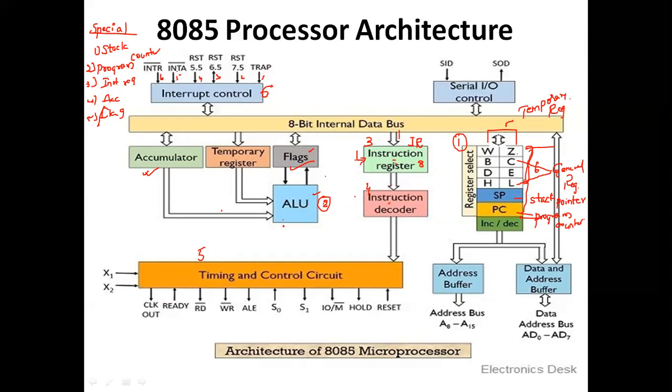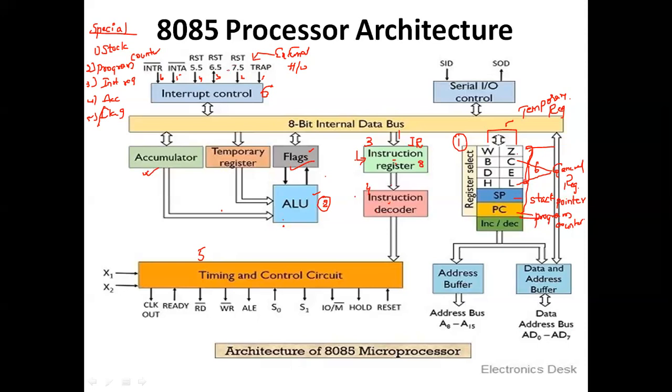Generally, external hardware is going to be connected to these pins. So what is the purpose of these pins? These pins provide interrupt signals sent by the external hardware to the microprocessor.